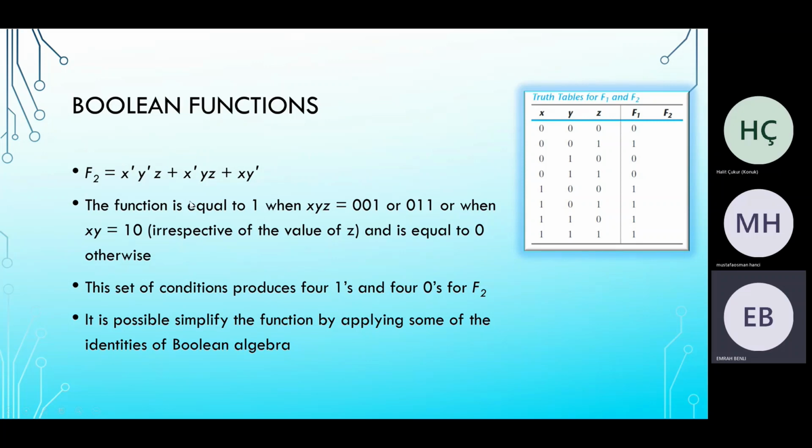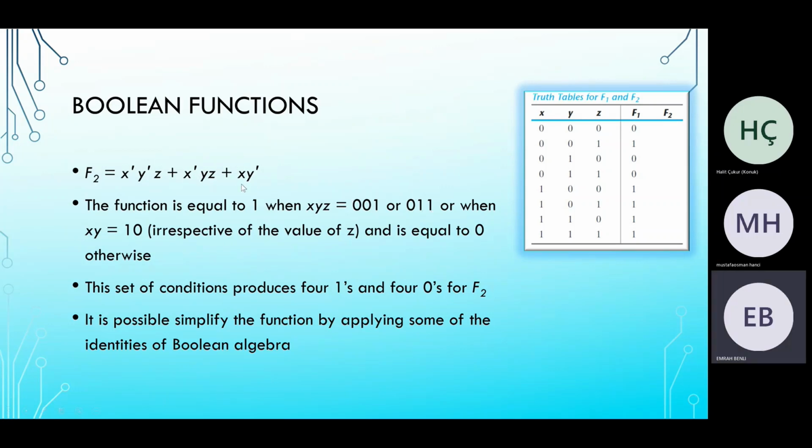And here, we have x prime 1, y, and z 1. We are looking for x prime to be 1, that means x has to be 0. So 0, 1, 1.